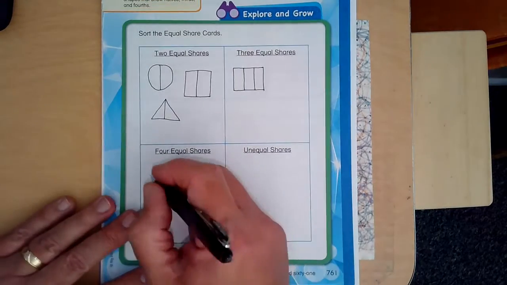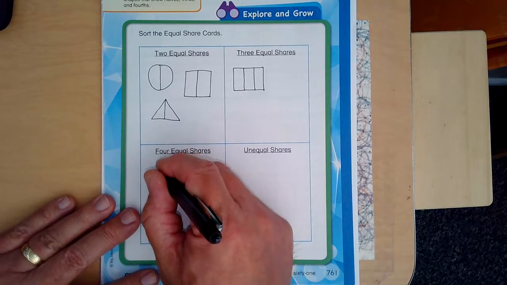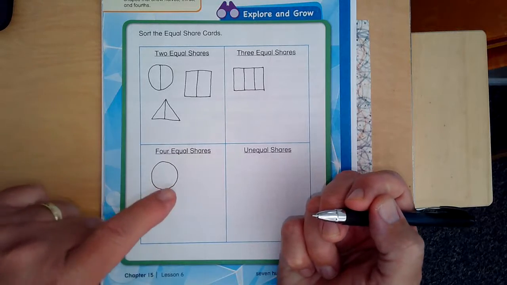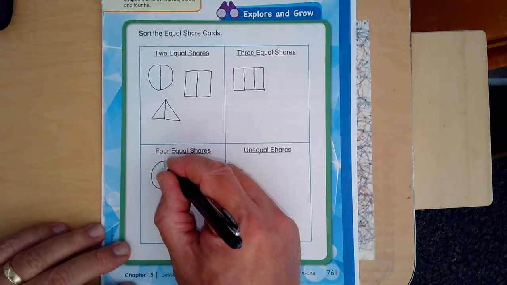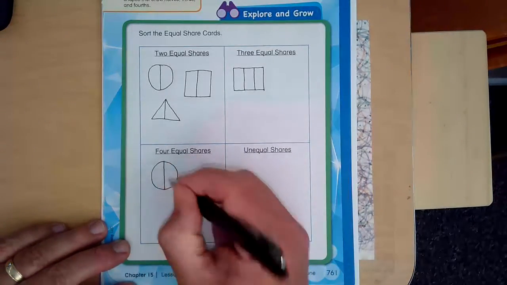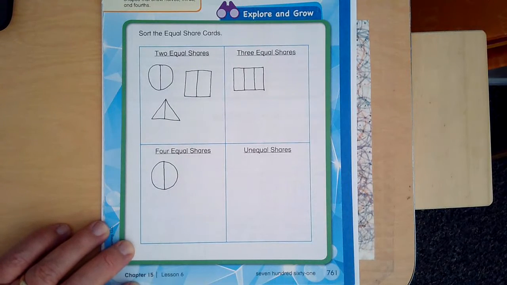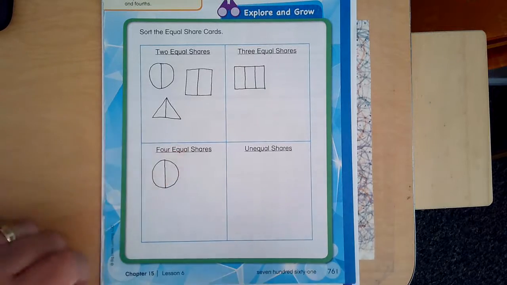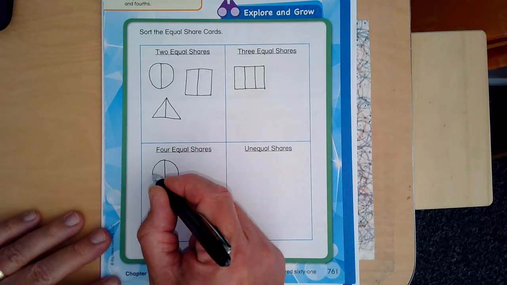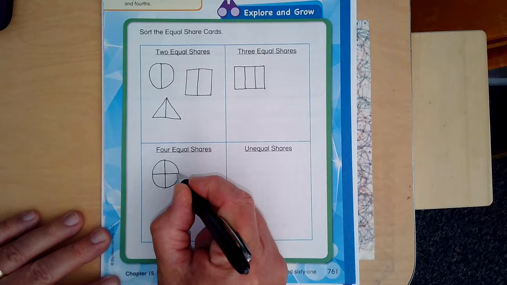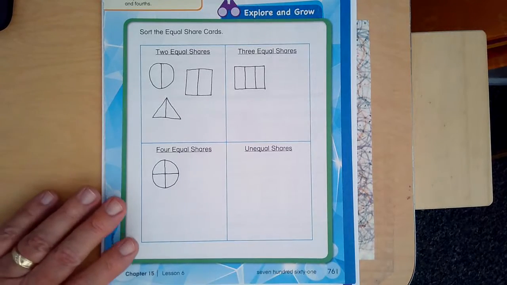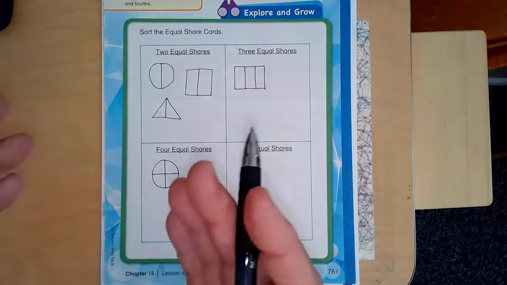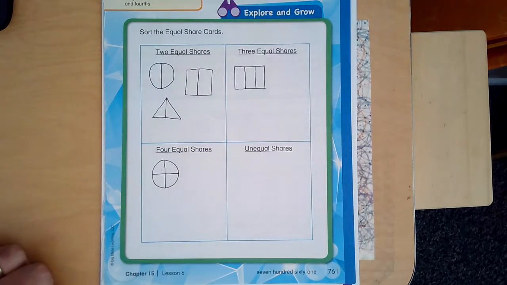If I have 4, I'm going to draw back to that same big cookie, and I'm going to say, well, now 2 people can share this equally. How could I do this to make it so 4 equal shares? Well, I just have to draw my line across the other way. Now I have 1, 2, 3, 4, and each of those shares is the same.